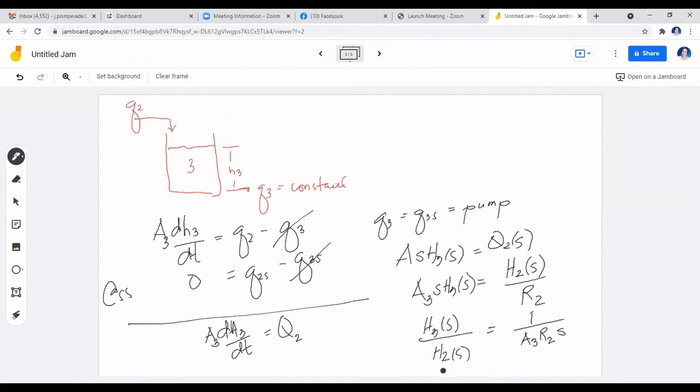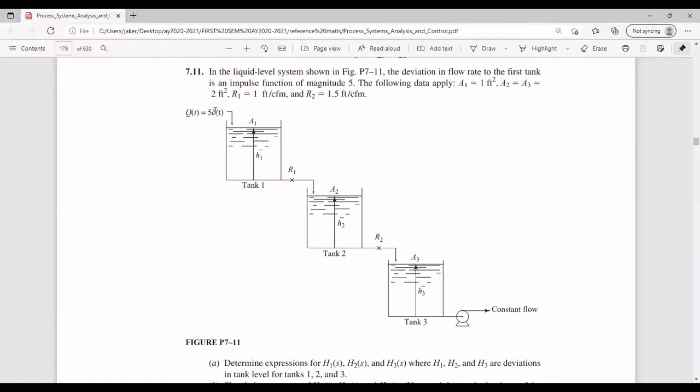So in this case now, we will place in here the values. So I think our A3 is equal to A2 as read a while ago. Let me check. Okay. Our A3 is also 2. Okay, so that's it. So I remember it correctly. So we can substitute here A3 and R2.